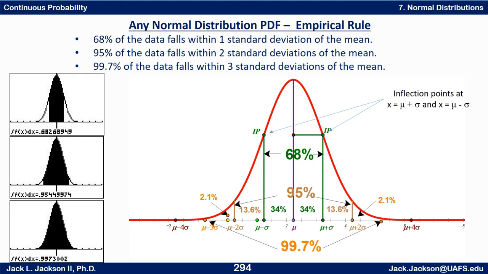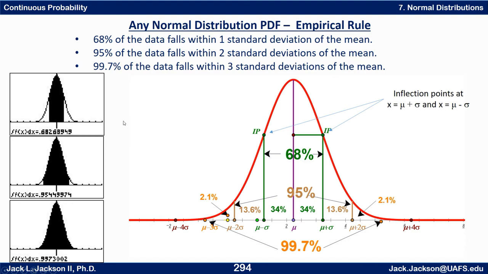And if you play around with the scale of your graph, then they're going to look pretty much the same. So there's the mean. If we go from the mean to mean plus sigma, that's 34%. Mean to mean minus sigma, this area right here is 34%. So a total of about 68%. That's rounded off, of course. But about 68%. Here's a few more decimals there in this TI-84 picture.